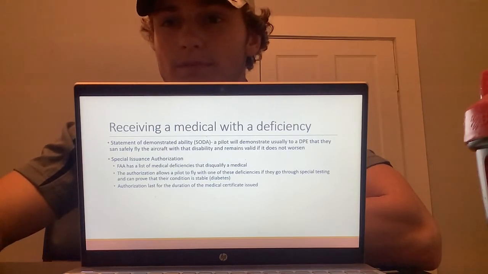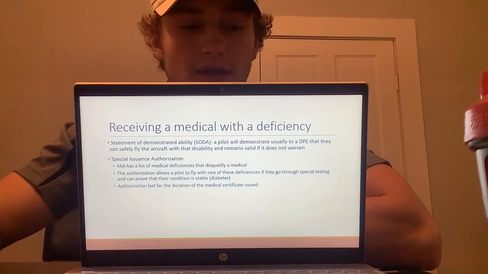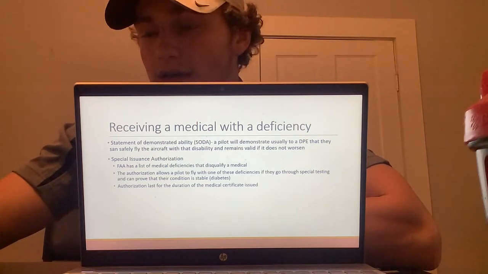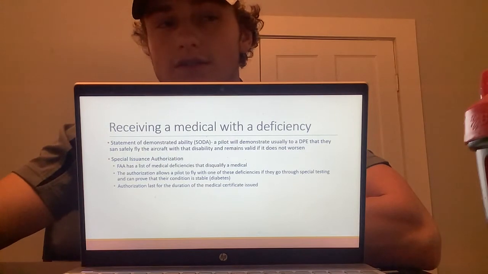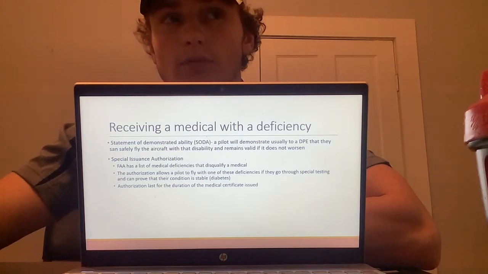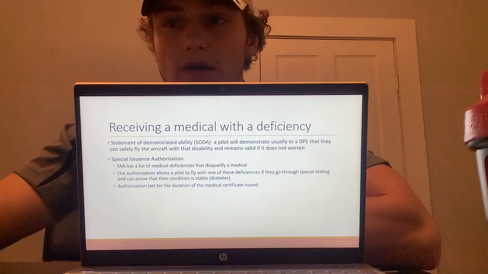If you have a deficiency that will cancel your medical, you can go up with a DPE usually. That's how it works, and you'll call up the FSDO, and they'll set a schedule up with a DPE. And basically, you fly with a DPE, and he makes sure that you're safe and that you can safely operate the aircraft and fly with that medical deficiency.